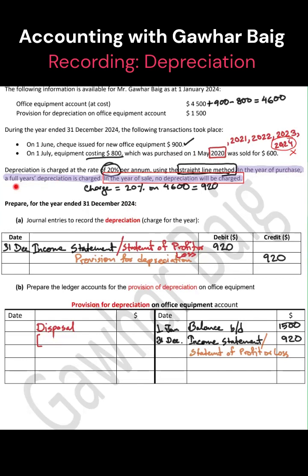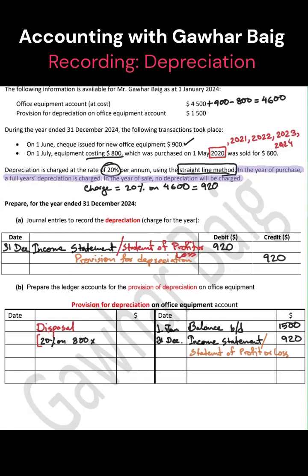So let's go to the calculation, which will be 20% on the cost, which is $800, multiplied by the number of years. You can see here: 2020 is 1 year, 2021 is 2 years, 2022 is 3 years, 2023 is 4 years.